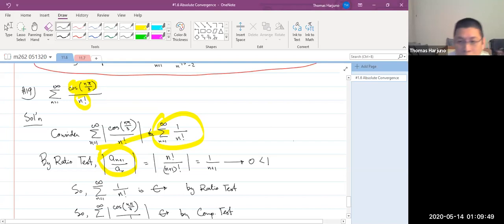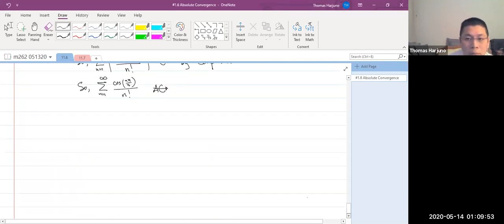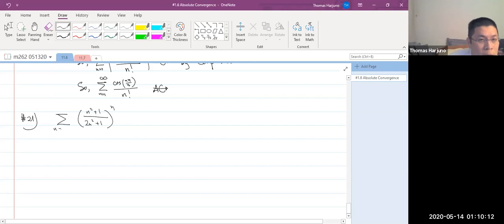How about number 21? The series of n squared plus 1 over 2n squared plus 1, to the power of n, from 1 to infinity.